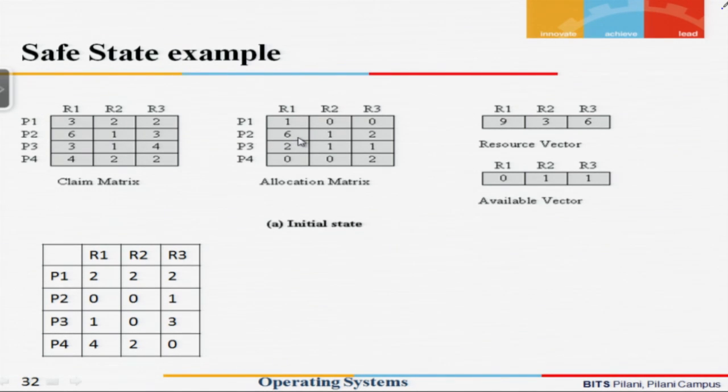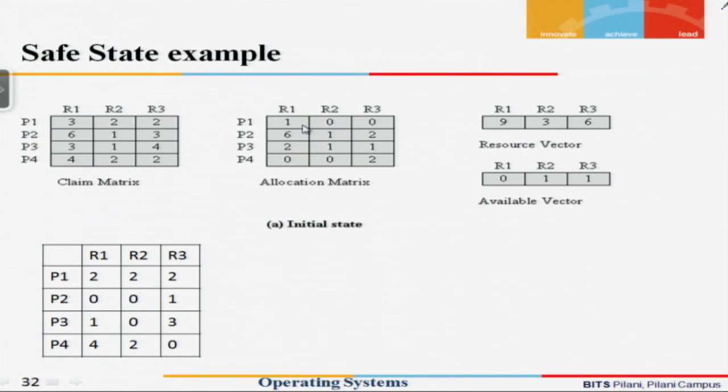Similarly, P2 has been allocated 6 instances of R1, 1 instance of R2, and 2 instances of R3. P3 has been allocated 2 instances of R1, 1 of R2 and 1 of R3, and P4 is allocated 2 instances of R3, and has not been allocated any instances of R1 and R2.